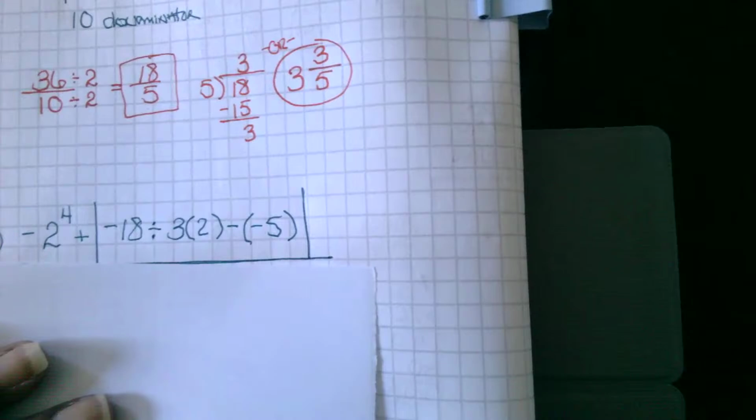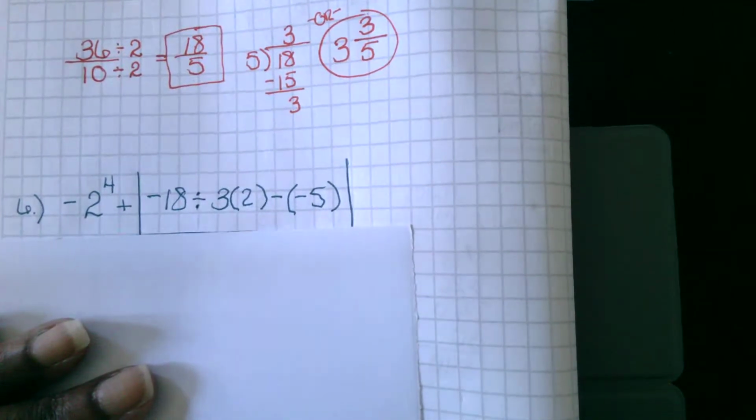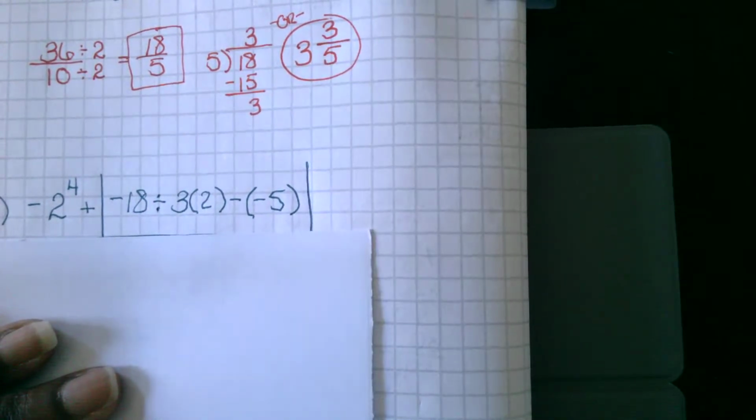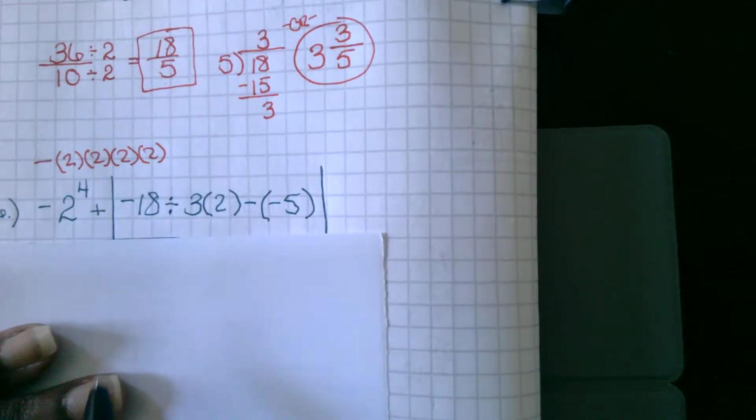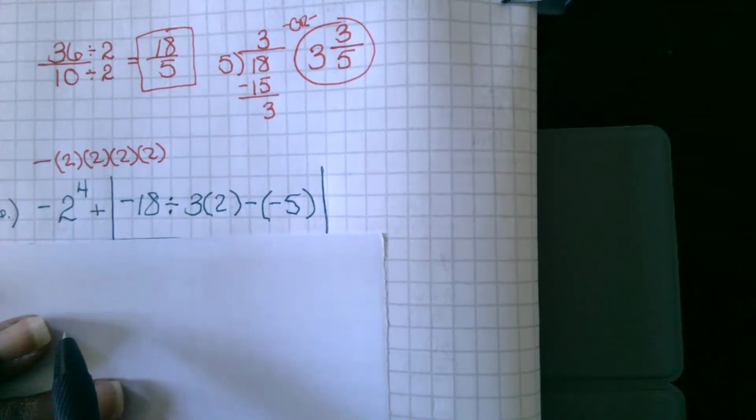Whereas this time, it doesn't have a parenthesis. So that means we have a negative, right? Then we have that base of 2 being multiplied to itself 4 times. That's what this is saying.